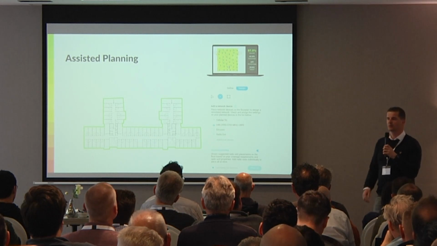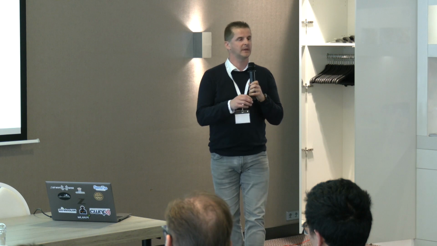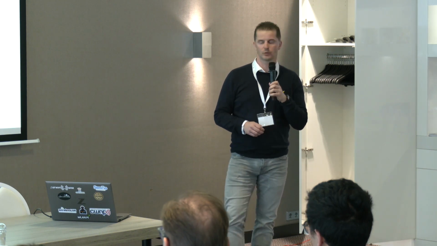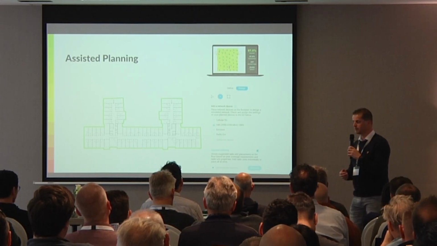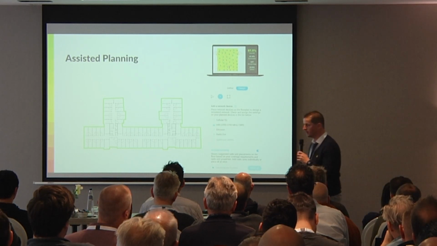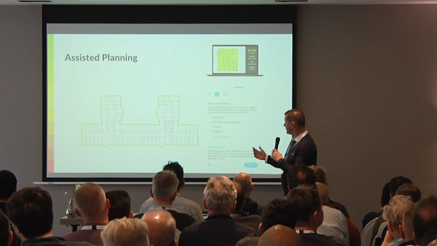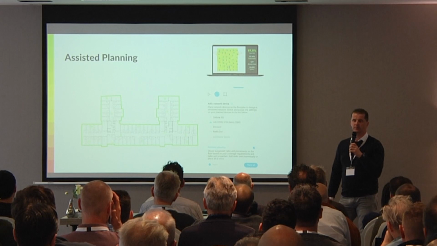Ekahau is going to calculate where it thinks, using the Ericsson node, it should put the nodes to provide a decent experience. It says, okay, that's my position. I think you should place the nodes there.